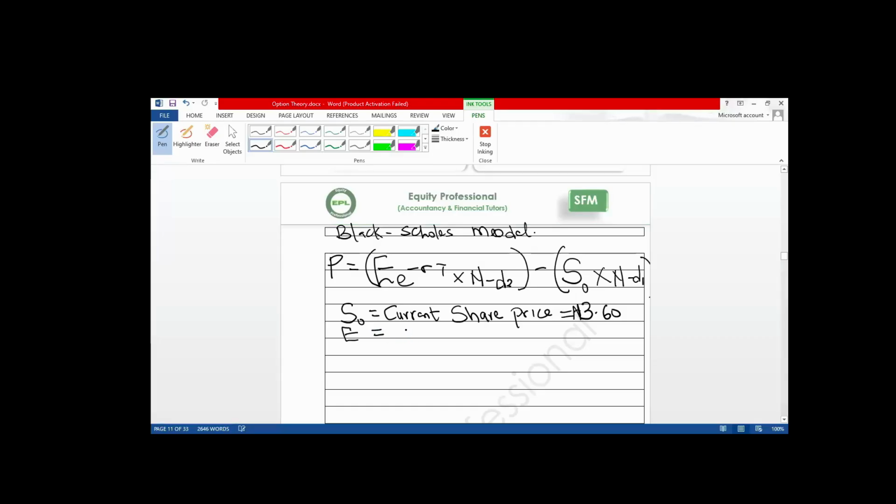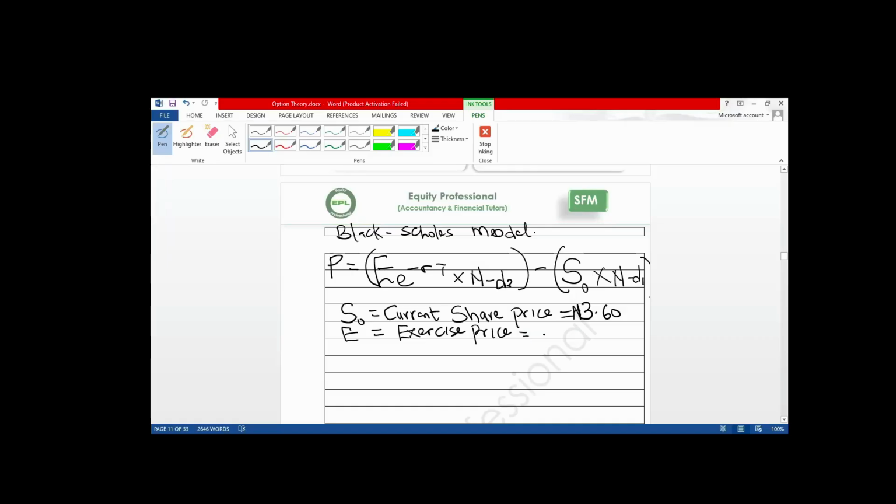Capital letter E, exercise price. The predetermined price at which you want to exercise your rights.